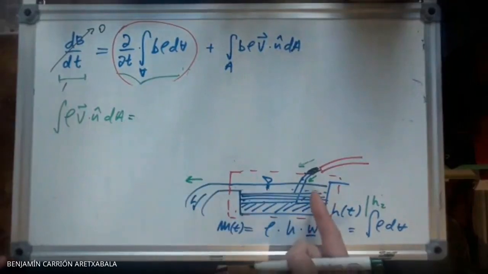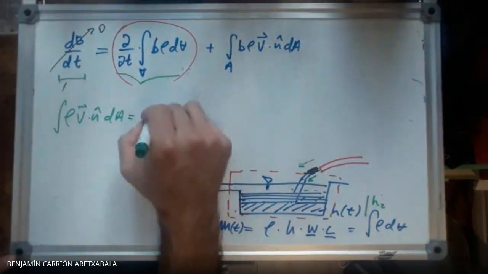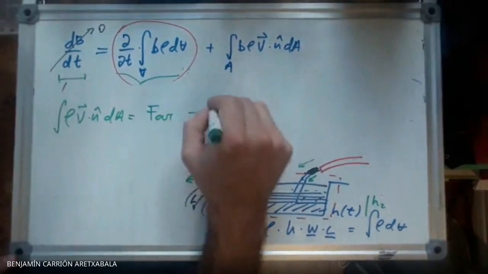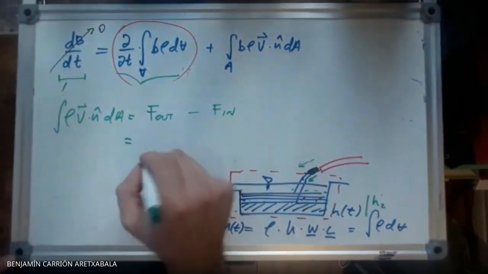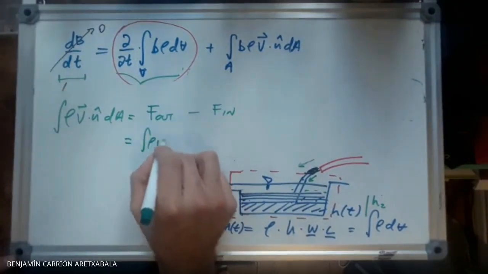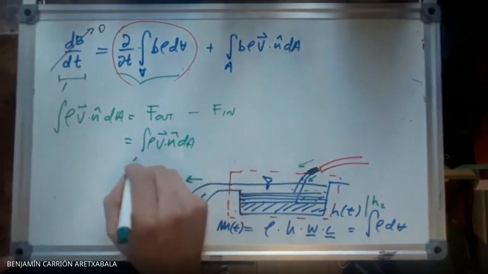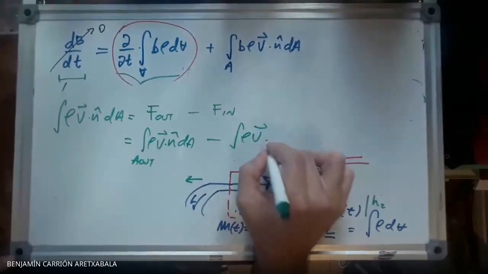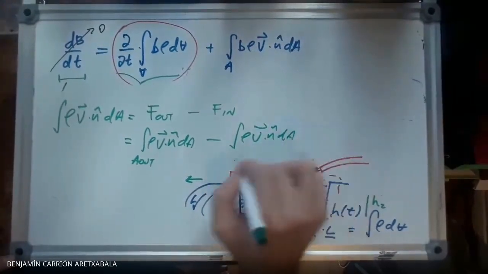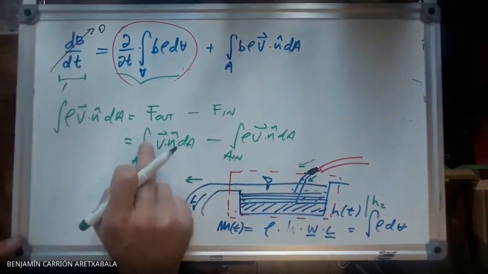We said that the one coming in is negative, and the one coming out is positive. So we're going to call F out minus F in. But what is F out? F out is nothing more than the integral of rho velocity dot n dA over the area out, minus the integral of the same thing over the area in, right? Now we know rho is constant, so we can just pull it out.